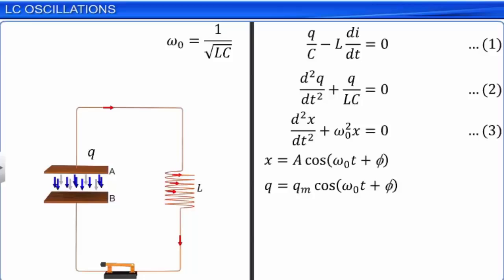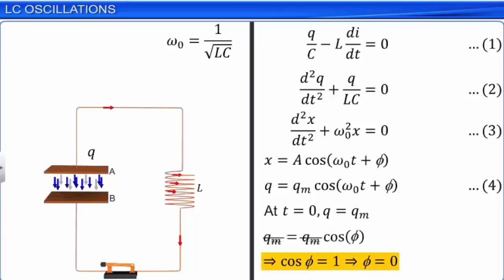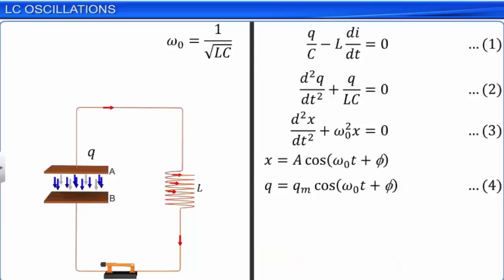At time t equal to 0, the charge q on the capacitor has the maximum value, qm, which means that the value of cos phi has to be 1, and hence phi has to be 0. Hence, equation 4 now becomes q is equal to qm cos omega naught t. Let this be equation 5.